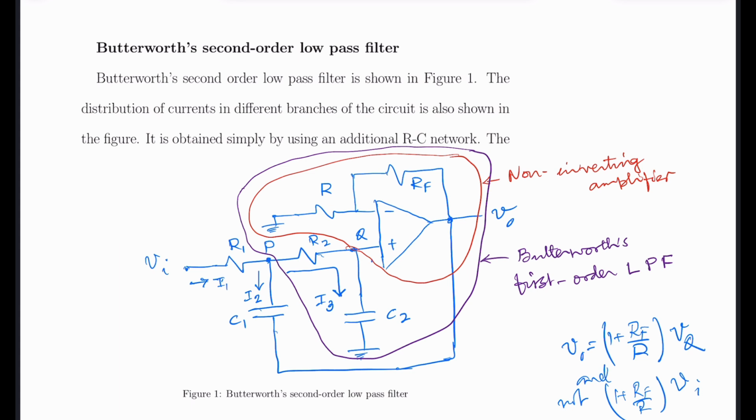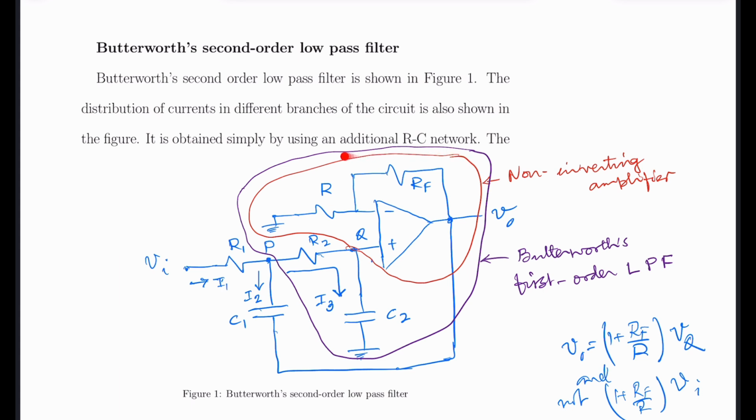So you have to find out the value of Vq, the potential at the point Q. This will be known only if the potential at the point P is known, and the potential at the point P will be known only if you can find its value in terms of Vi. So finally we will get the value of Vq in terms of Vi. Note this.